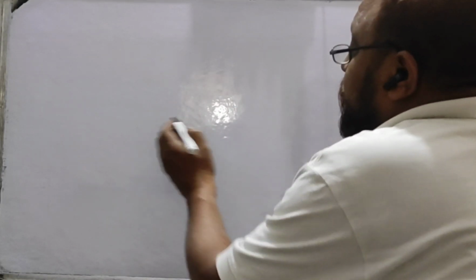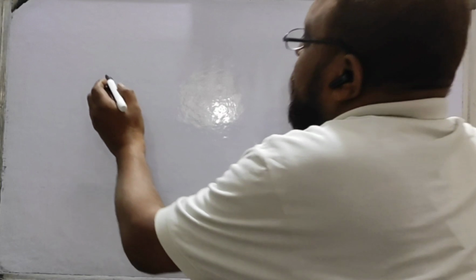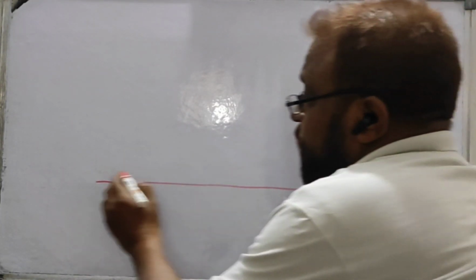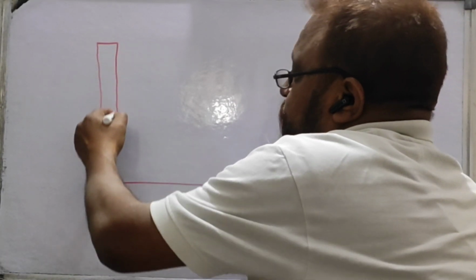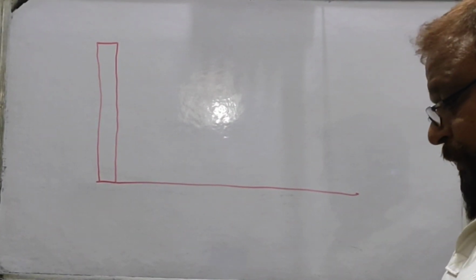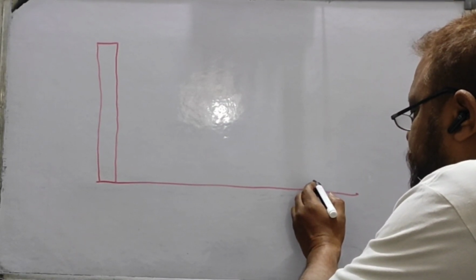In height and distance, there was a question in your pre-board exams. There was a building of height h, and there is a person who is, say, here.